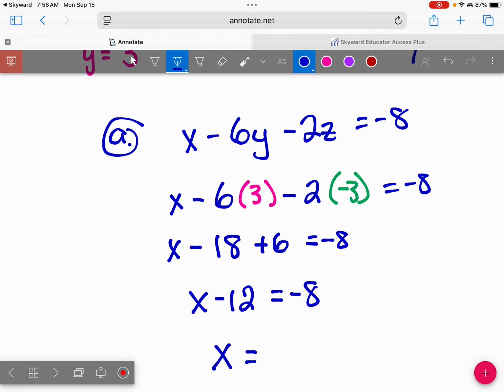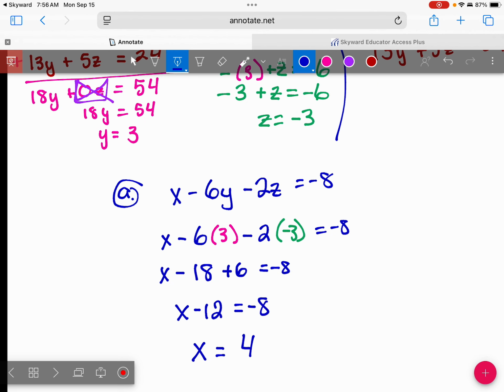And then when we add 12 to both sides, what do we get? What does x equal? Negative 8 plus 12. Positive 4. So my x is 4, my y is 3, my z is negative 3.